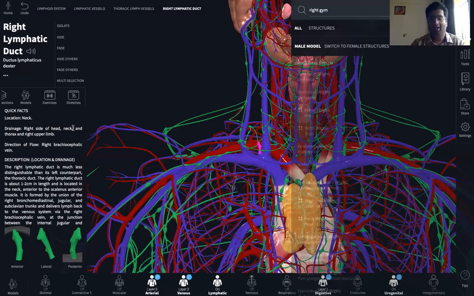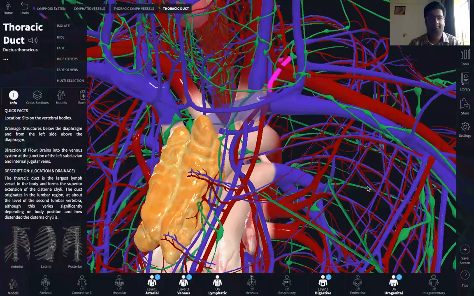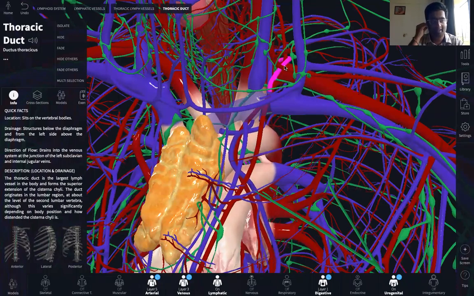So the right lymphatic duct, in short, drains all the lymph from the upper right quadrant. Now coming to the left lymphatic duct. What you see highlighted in pink is the left lymphatic duct, which is also called the thoracic duct.